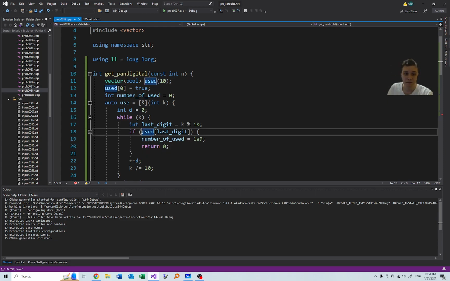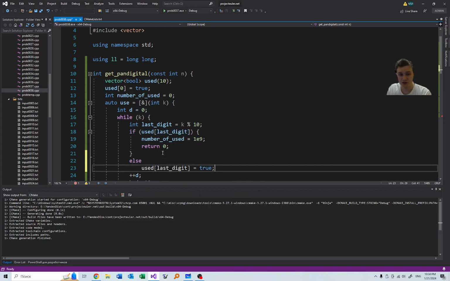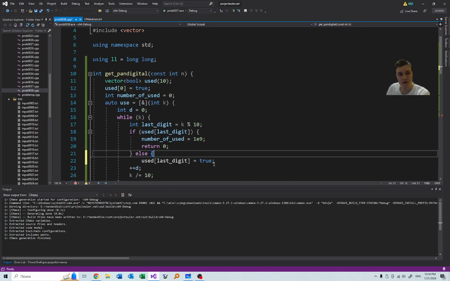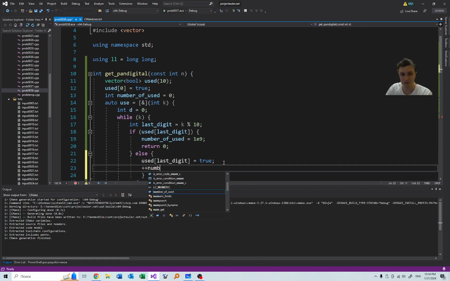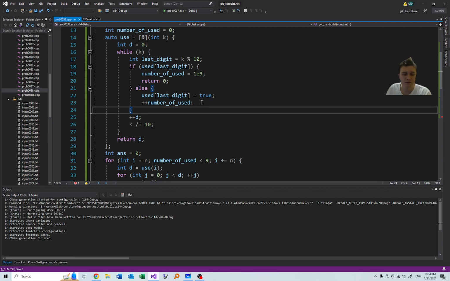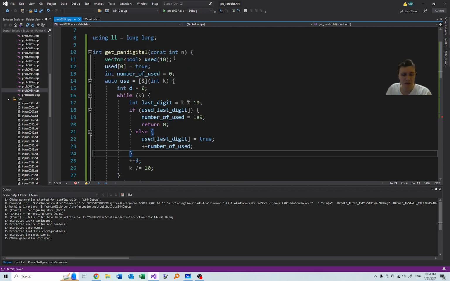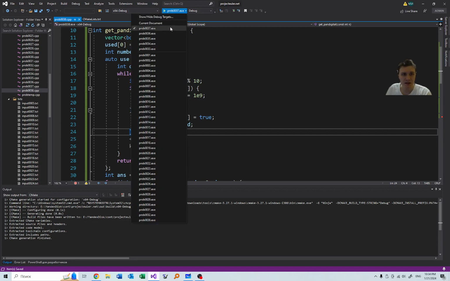Otherwise we simply say that it is true now and plus number of used. So it seems like it should work.